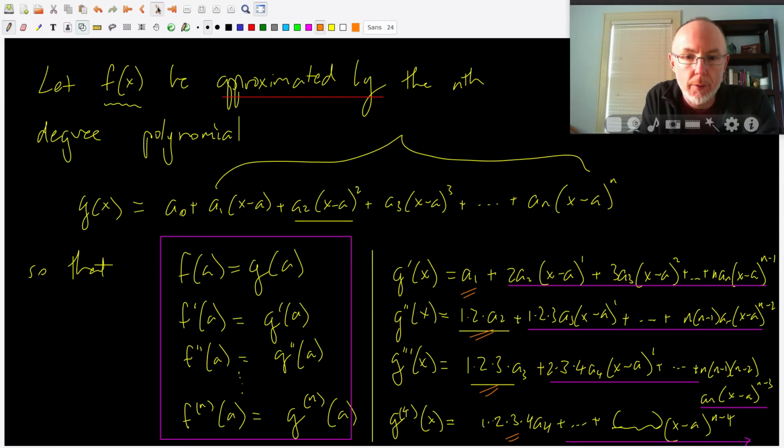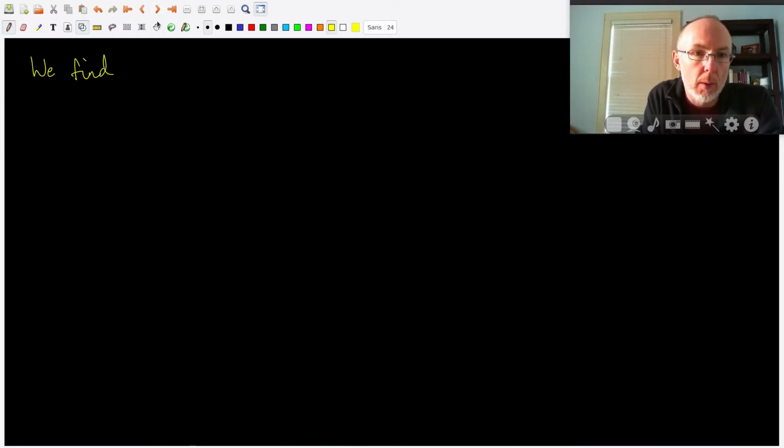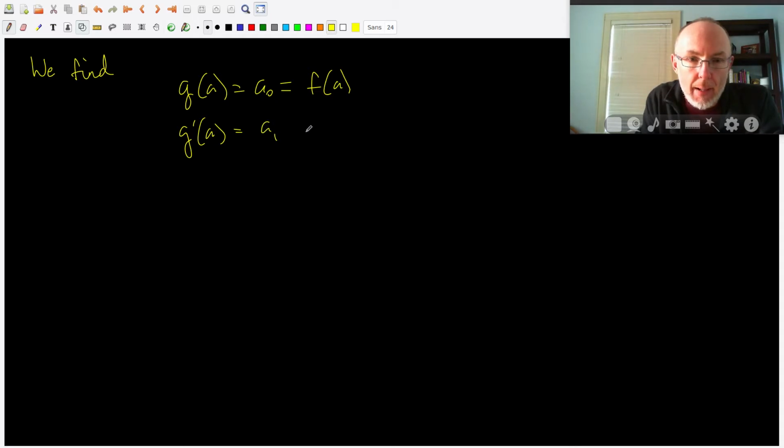Writing them out, we see the pattern holds here too. g of a is just a sub 0, but that's got to be equal to f of a by design. And we know g prime of a is equal to a1, and that's f prime of a.